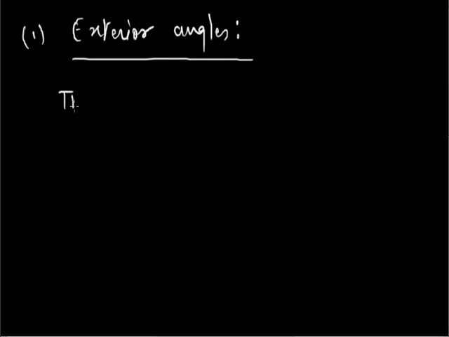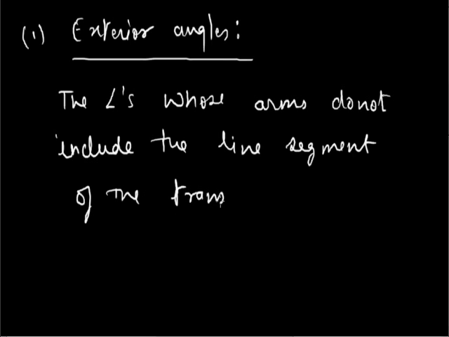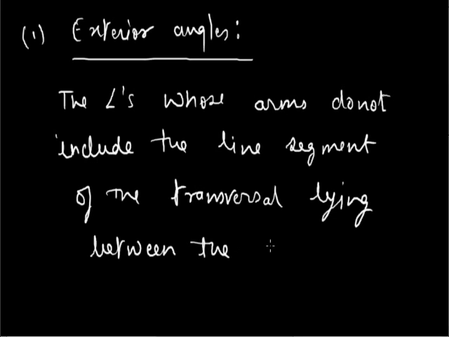The angles whose arms do not include the line segment of the transversal between the main two lines which we are talking about are called exterior angles.